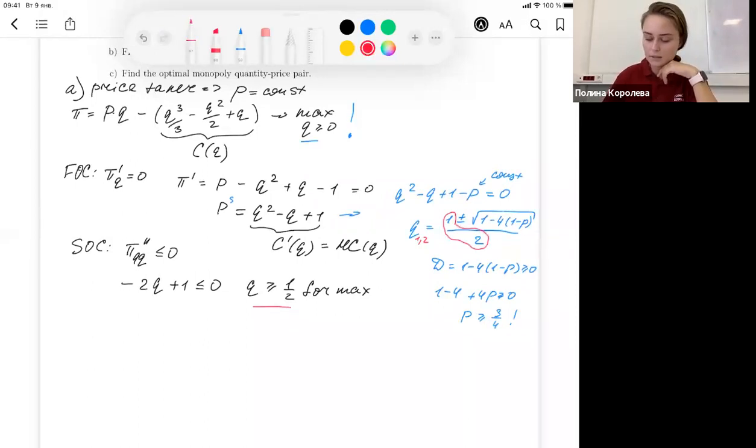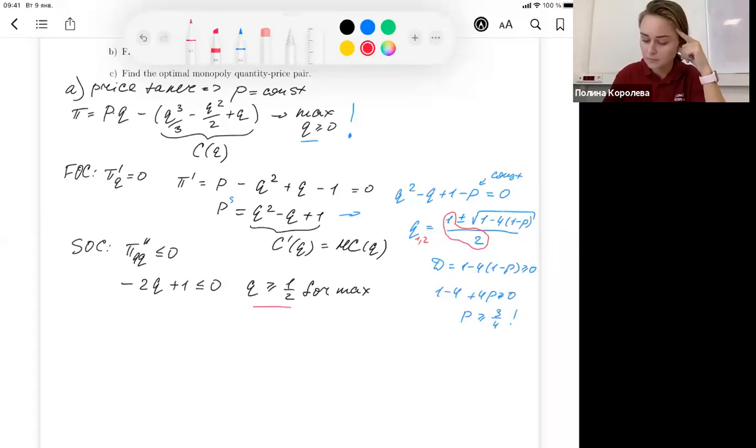In the first root with plus, we add something positive, so the first root will be greater than 1/2. In the second root with minus, we subtract something positive, because the square root is positive. So the root with minus we will not choose.